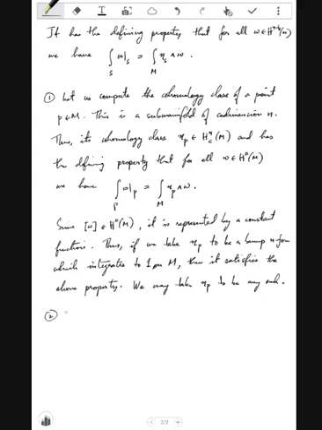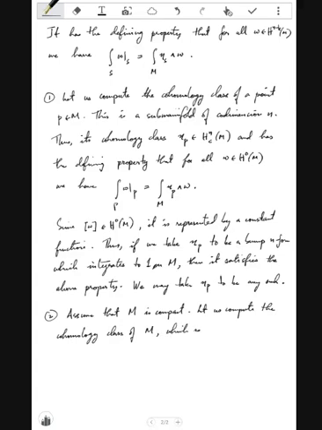So next, let's compute the cohomology class of M. So assume that M is compact, and let us compute the cohomology class of the submanifold M, which is a submanifold of codimension 0.